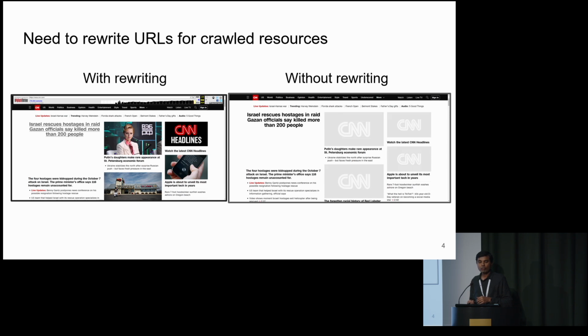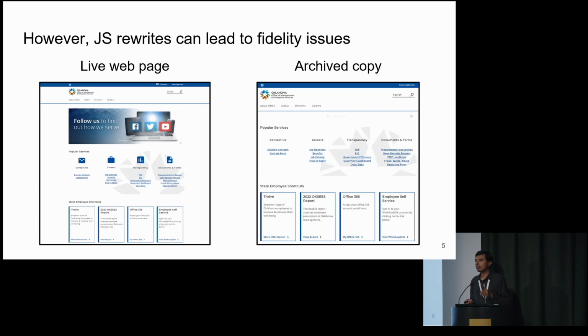Unfortunately, even with state-of-the-art replay tools, particularly PyWb, replayweb.page, and so on, this cannot be done today with perfect fidelity. For example, this is an example web page from the End of Term collection. On the left, you see a live web page.